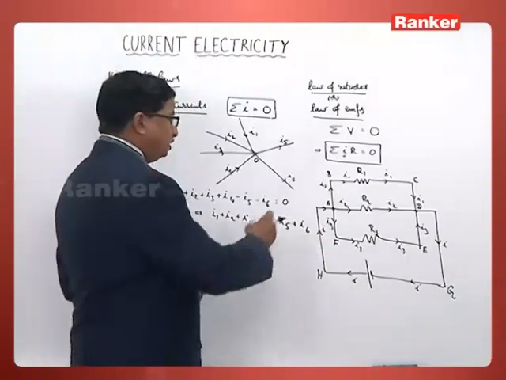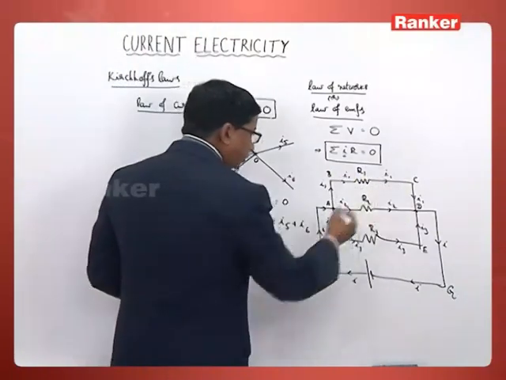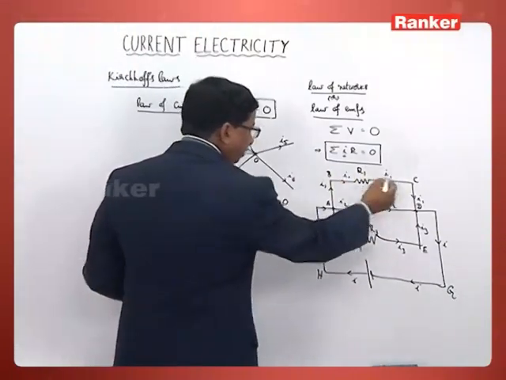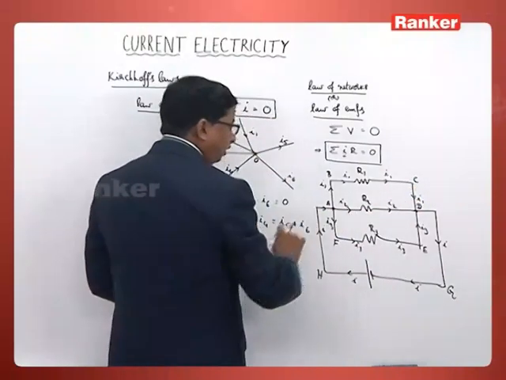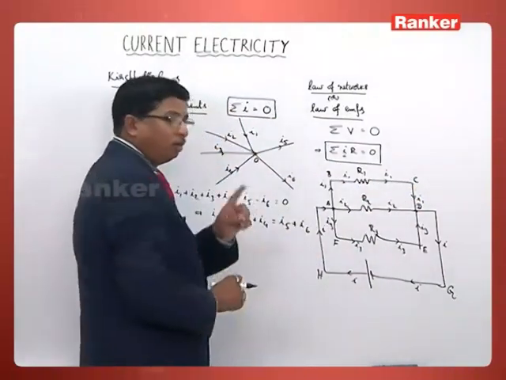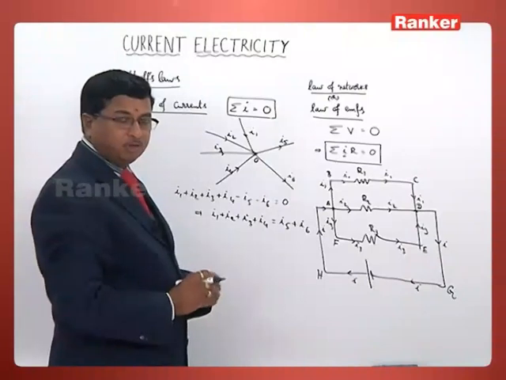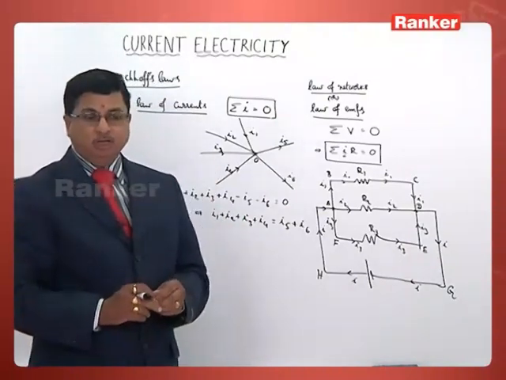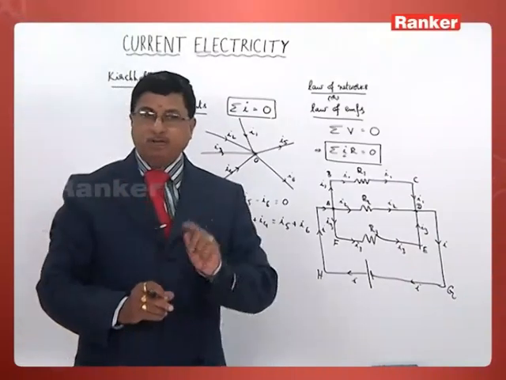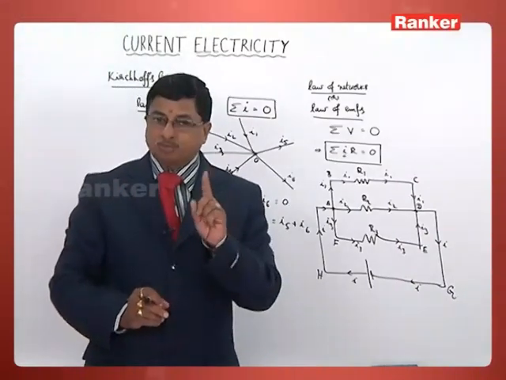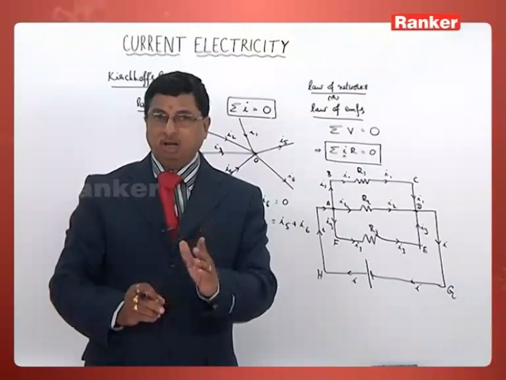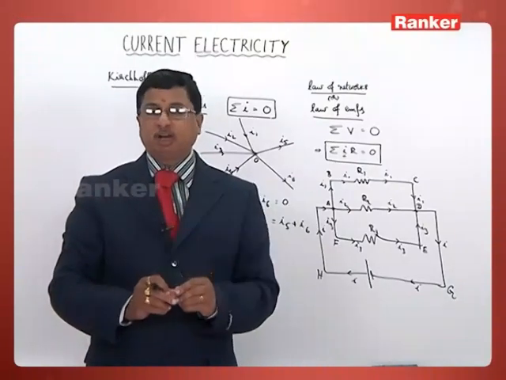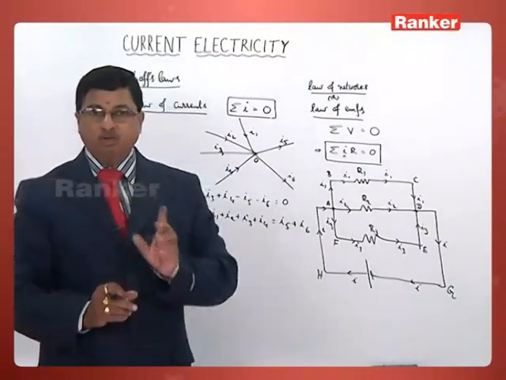Let us consider in this circuit A, B, C, D, A is said to be one closed network. That means what? You start from any point. If you can reach the same point without any obstruction in the middle, you can take that one for granted as if it is a closed network.